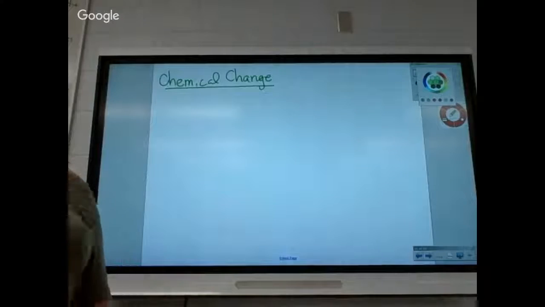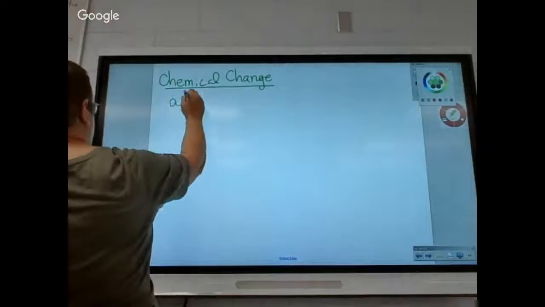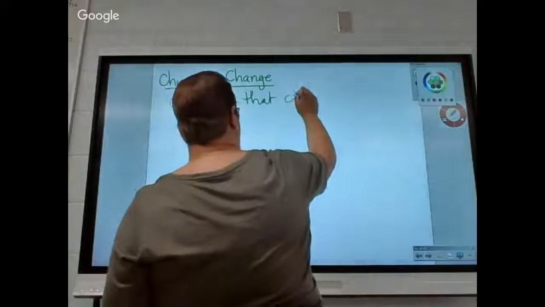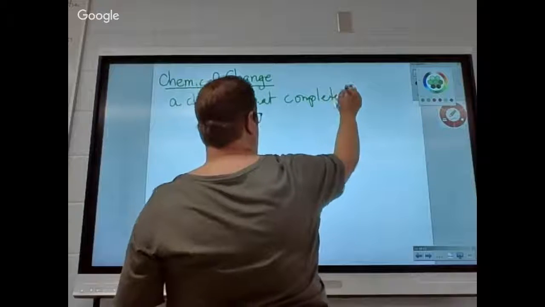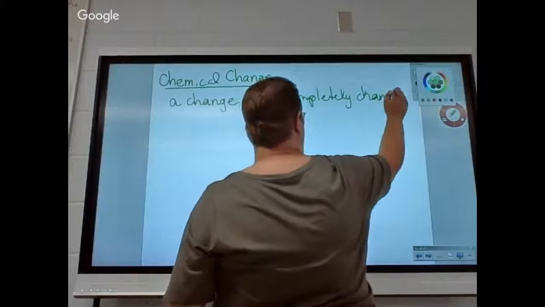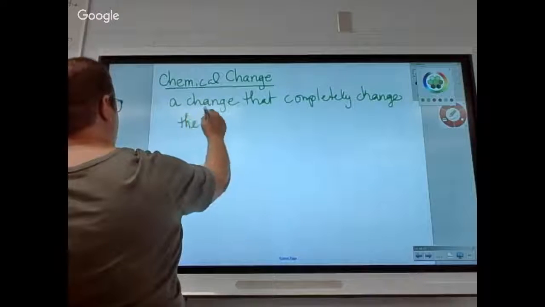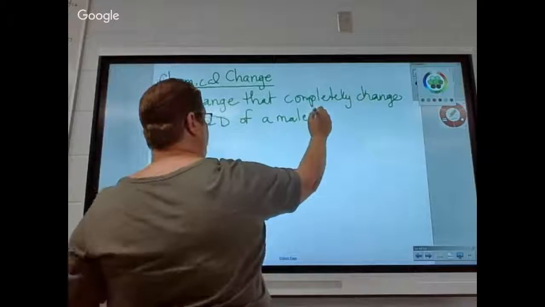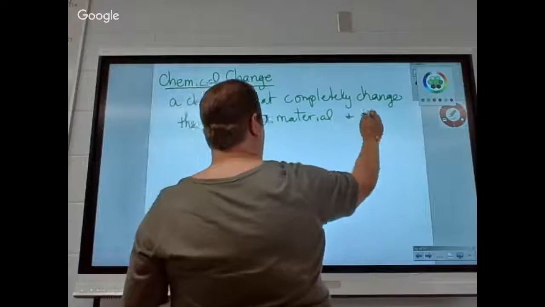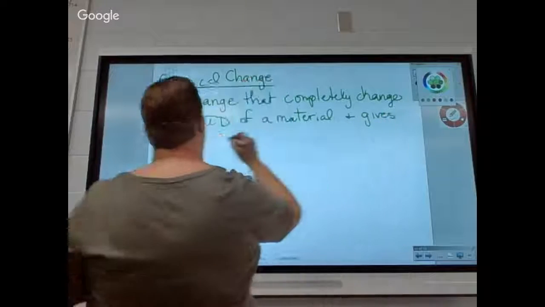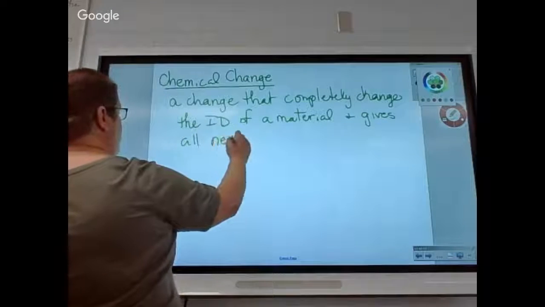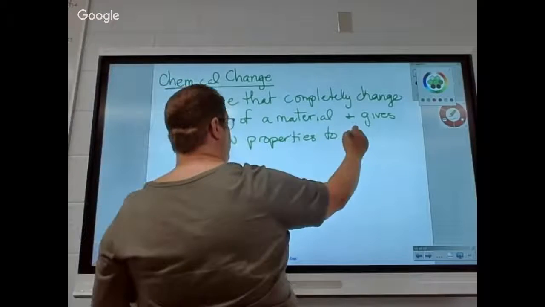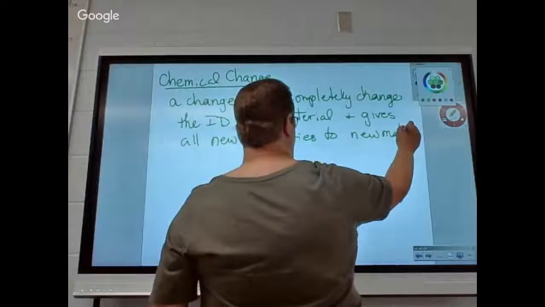Alright. Chemical change. A chemical change is a change that completely changes the identity of a material and gives all new properties to new materials.